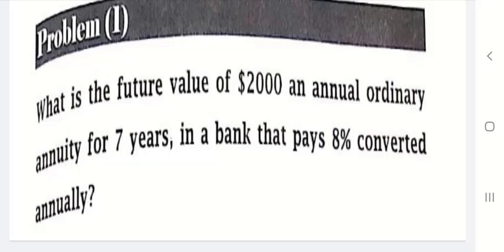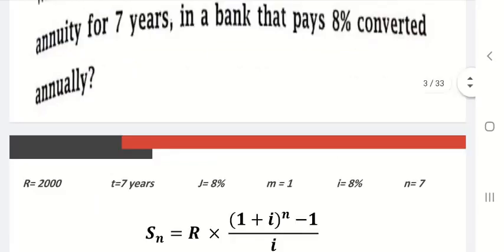In a bank that pays 8% converted annually, J will be equal 8, M will be equal 1, and I will be equal J over M, 8% over 1, which is equal 8%.